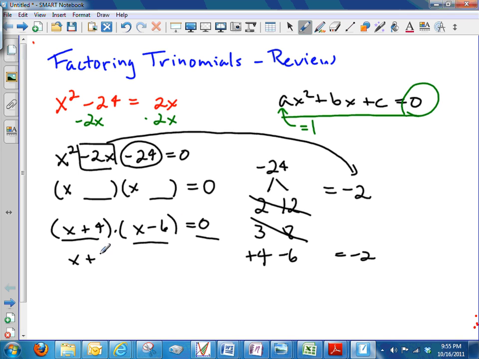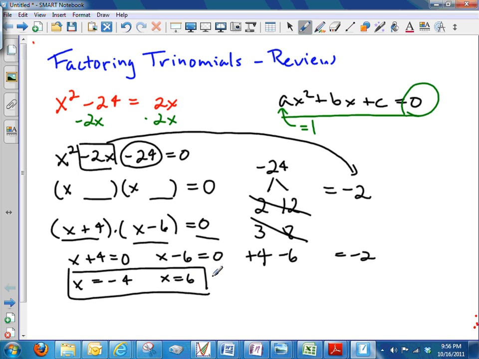So we can say with confidence that either x plus 4 equals 0 or x minus 6 equals 0. And then we solve those equations separately. So we get x equals negative 4 and x equals 6. And that's my answer. I box both of those or circle them. A second degree equation has two answers.